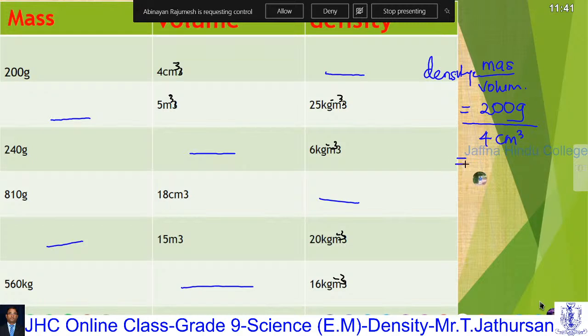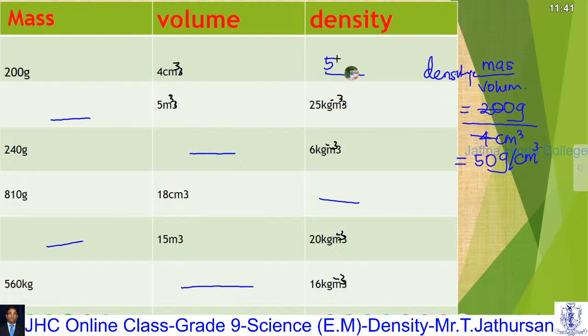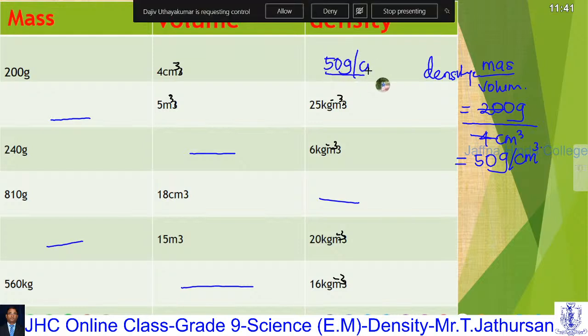So what's the answer? 50 gram per centimeter cube. Right.